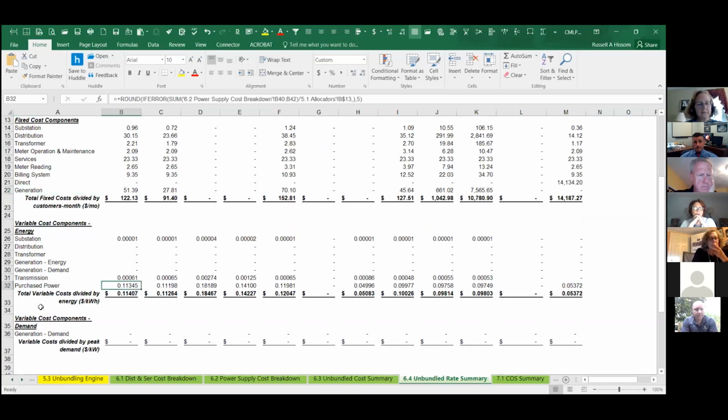So if the energy charge for a residential customer is about 7.5 cents, including what we're doing for RECs, why is that 11? And then why do we have an additional generation charge of 51 on a fixed basis?